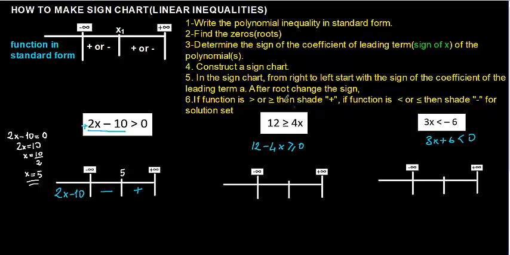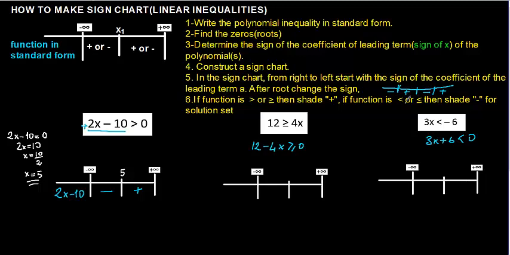It says from right to left, and if there are many roots, like in a sign chart example with 3 or 4 different roots, you start with plus, then plus, minus, plus, minus. For each root you are going to change the sign, and for different intervals you are going to have different signs.